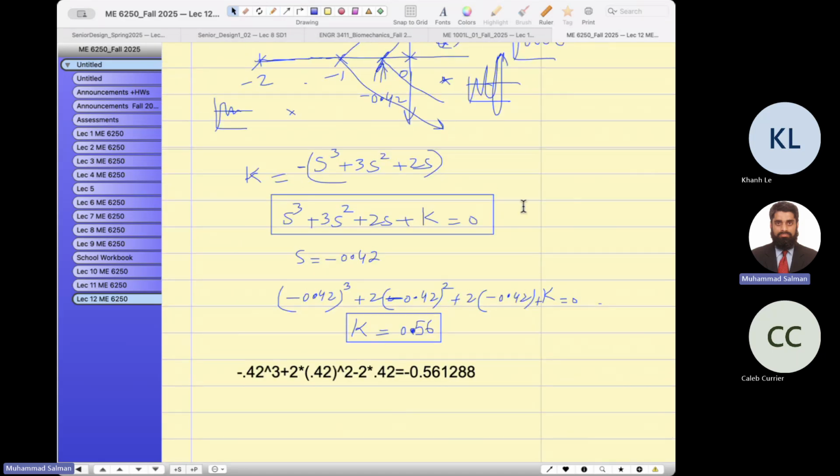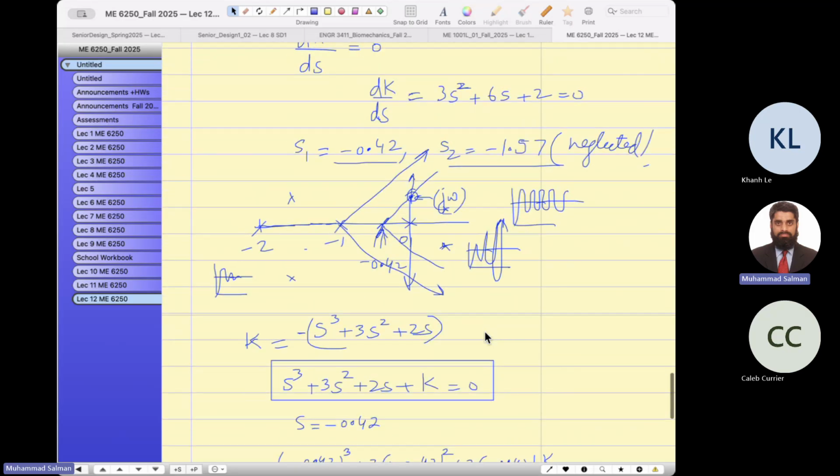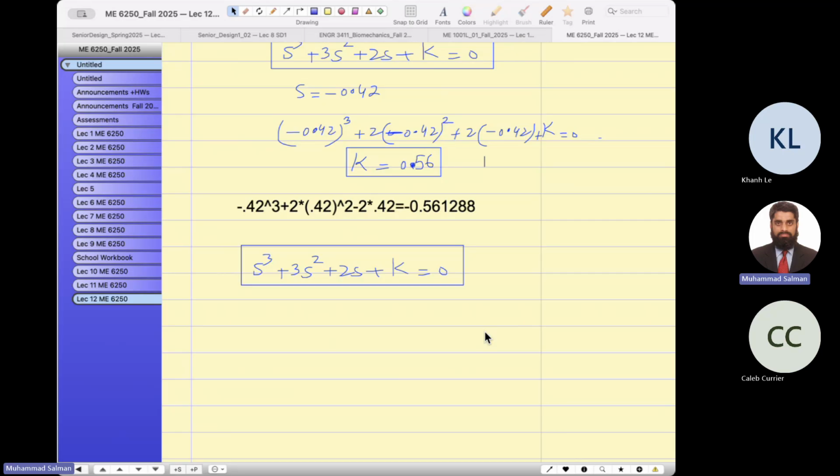You will take this characteristic equation and replace s by wherever you want to find the gain value. So now we want to find it at j omega. You see my point? So let me plug in s equals j omega.